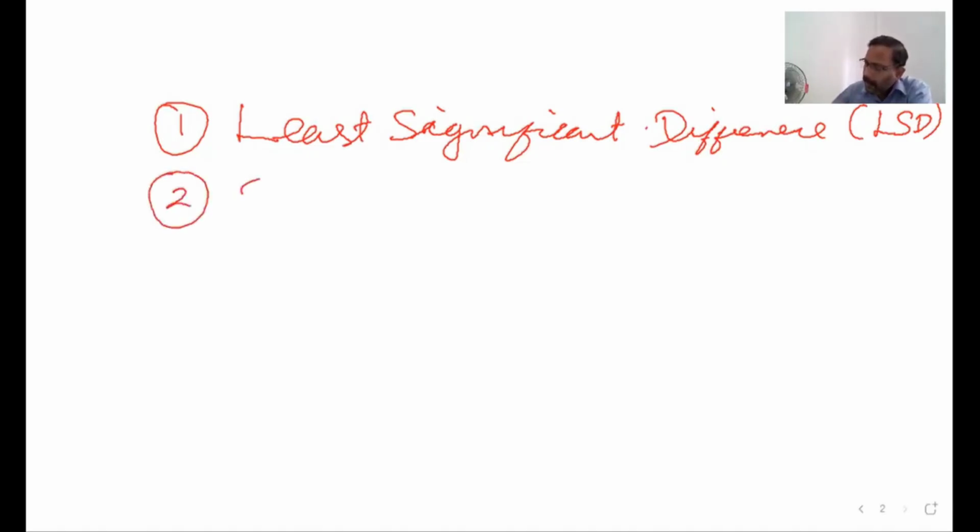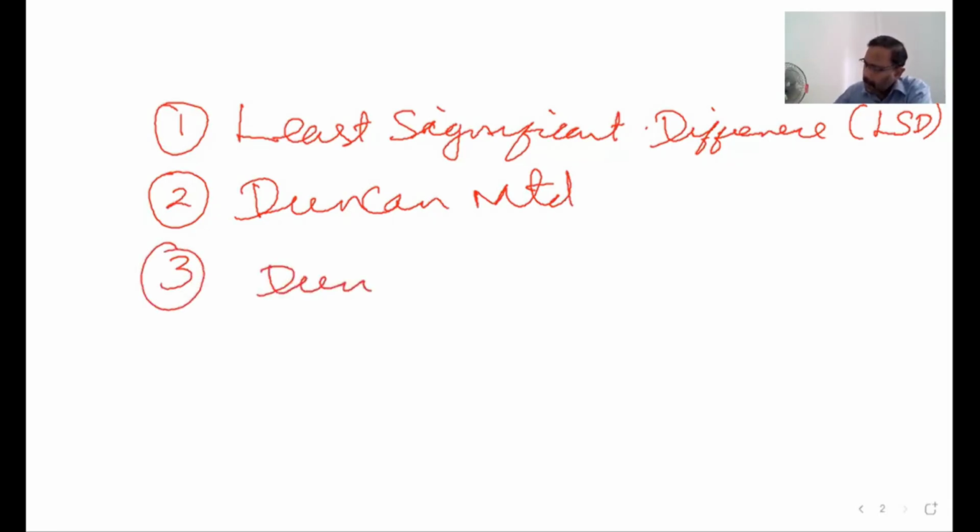The second method is called the Duncan method. We will learn all these in another theory class. The third one, the Dunnett method.